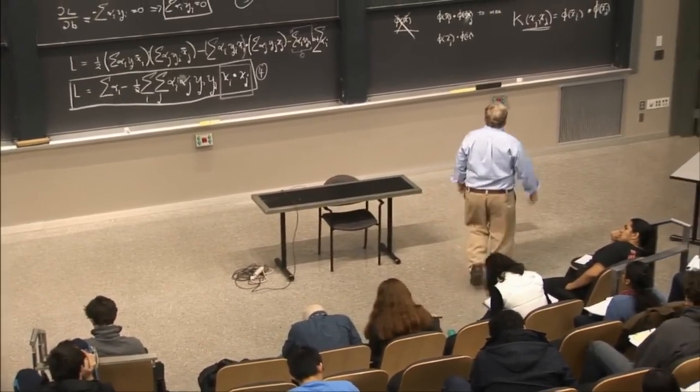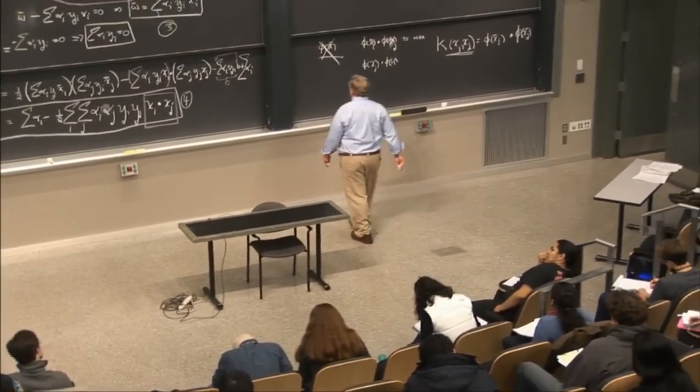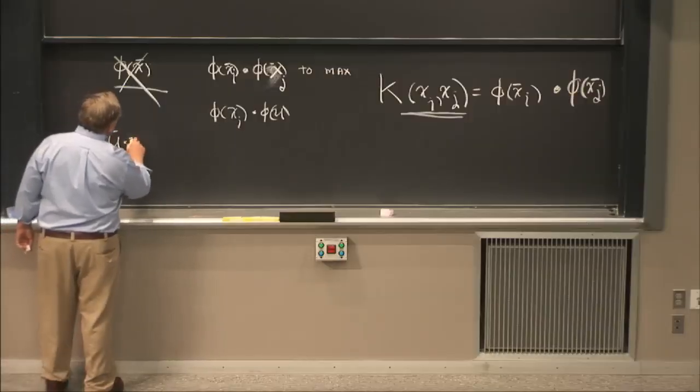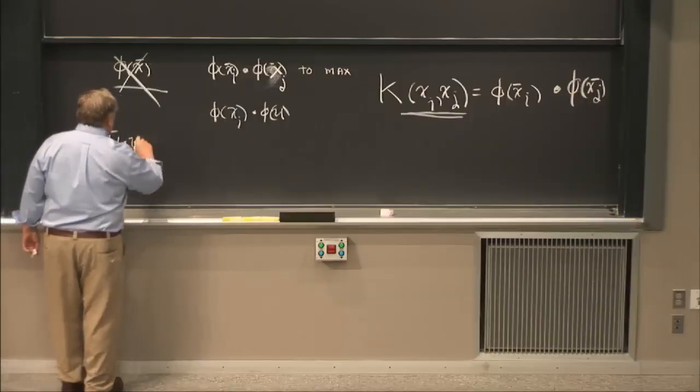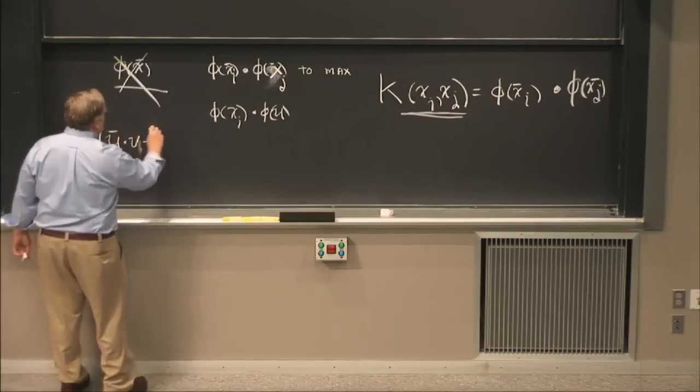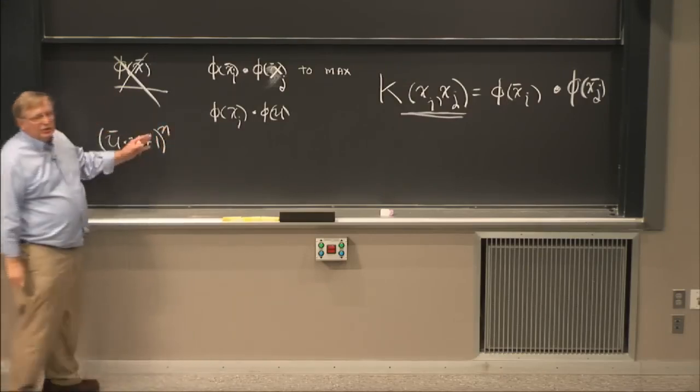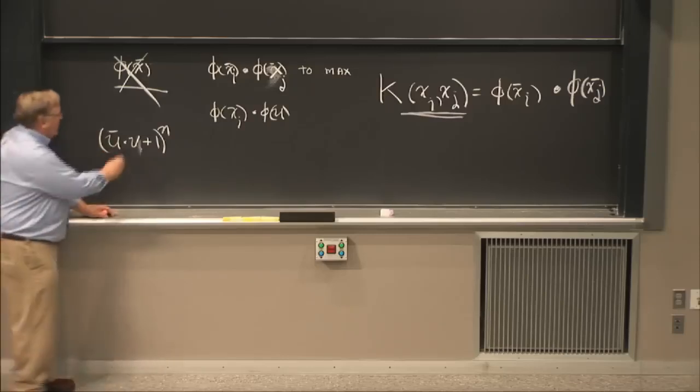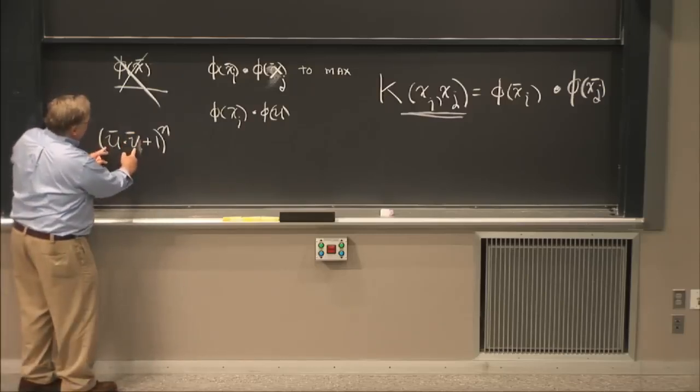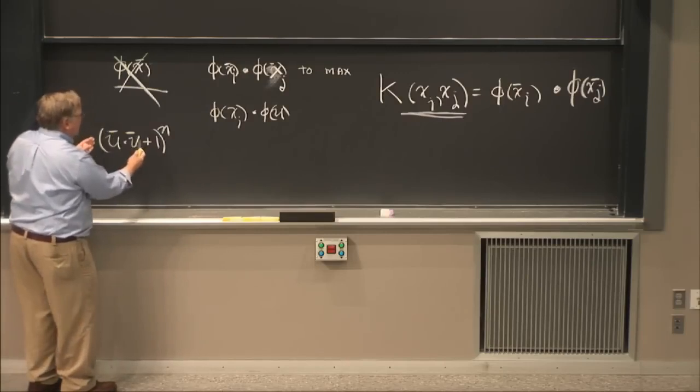So what are some of the kernels that are popular? One is the linear kernel that says that u dotted with v plus 1 to the nth is such a kernel because it's got u in it and v in it. The 2 vectors, and this is what the dot product is in the other space.